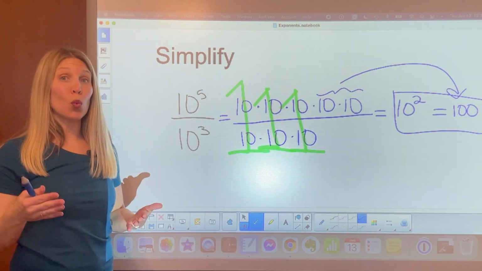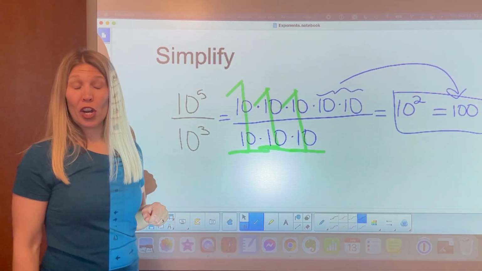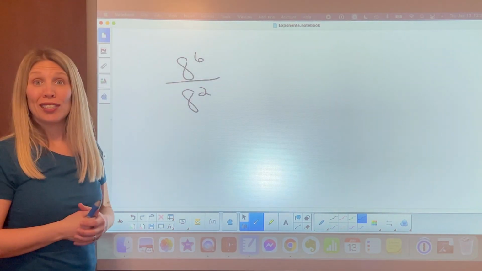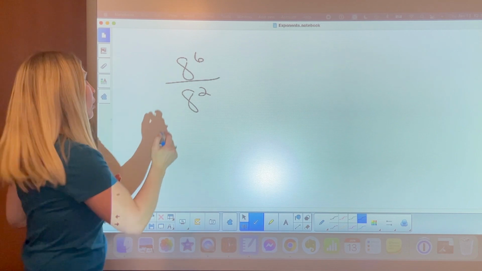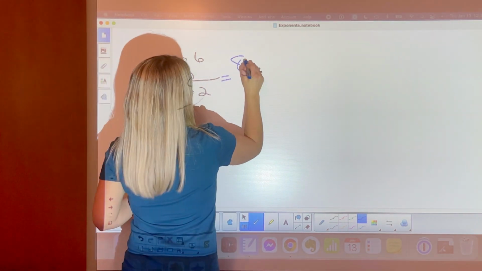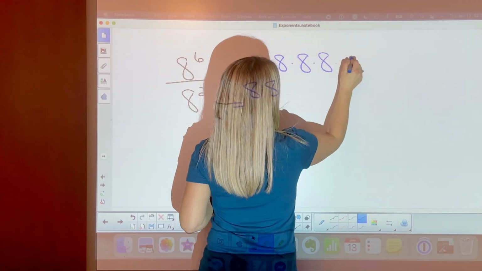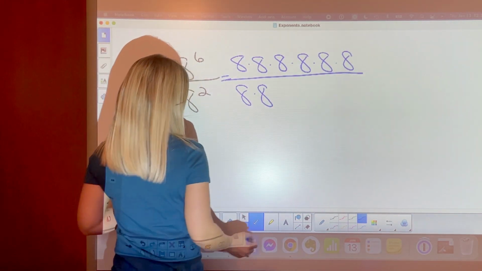Because 10 squared, notice when it's 2, we call it squared. 10 squared is 100. It's 10 times 10. So let's simplify this one. 8 to the 6th power divided by 8 squared. So we're just going to write it out. 1, 2, 3, 4, 5, 6. All over 8 squared, 8, 8.